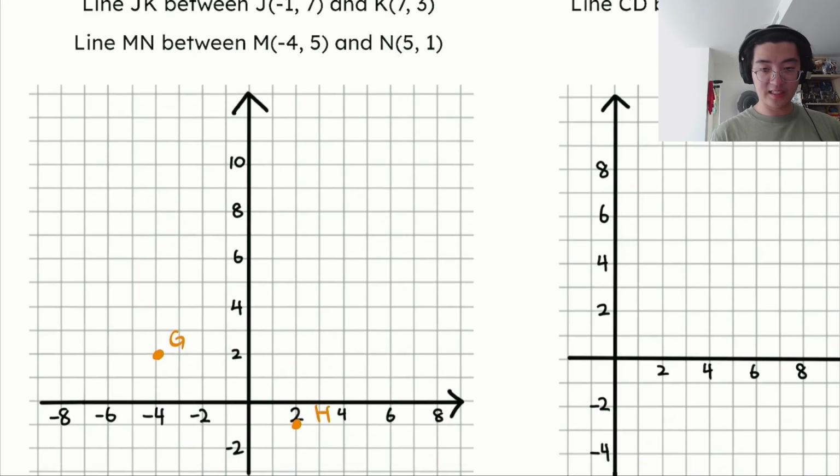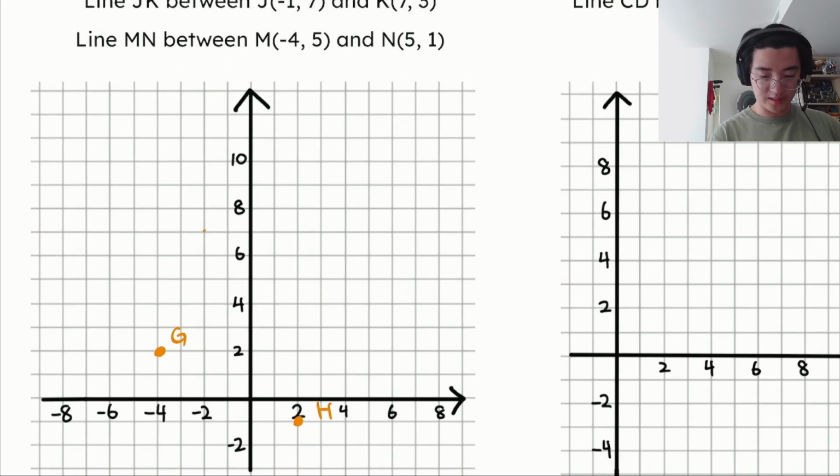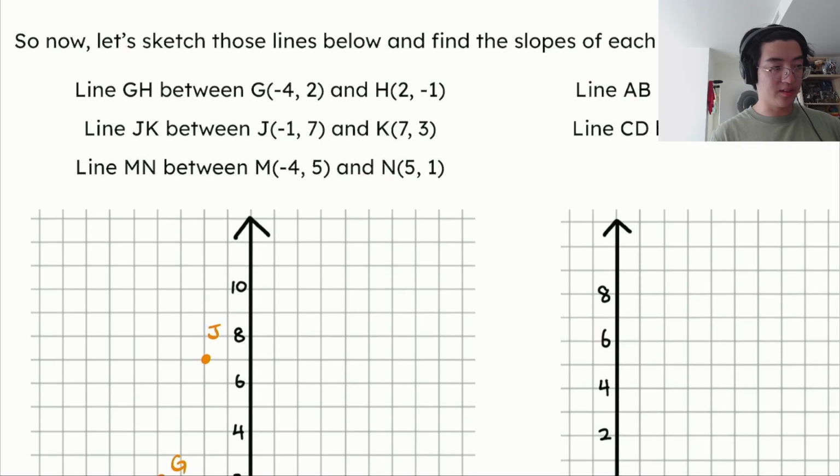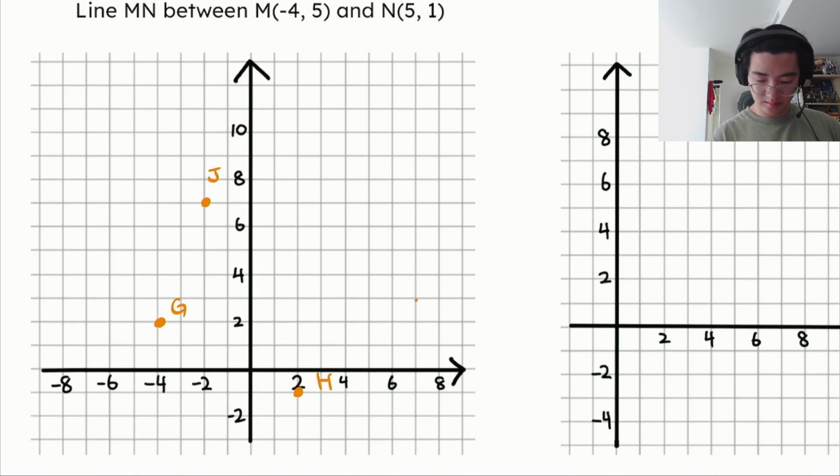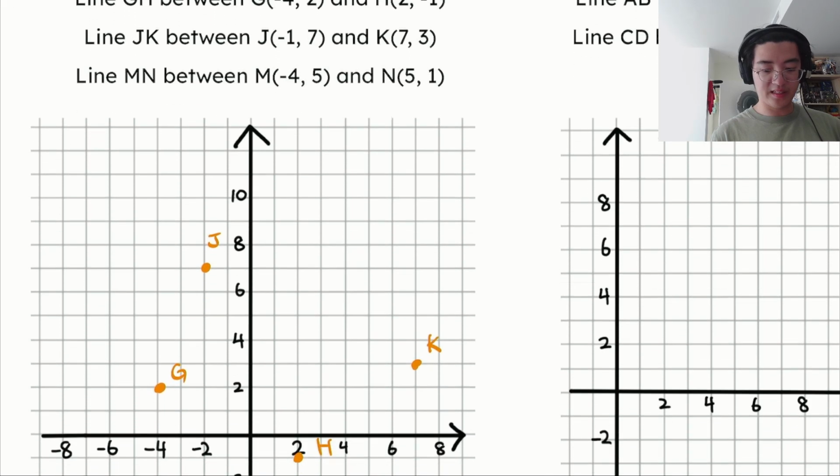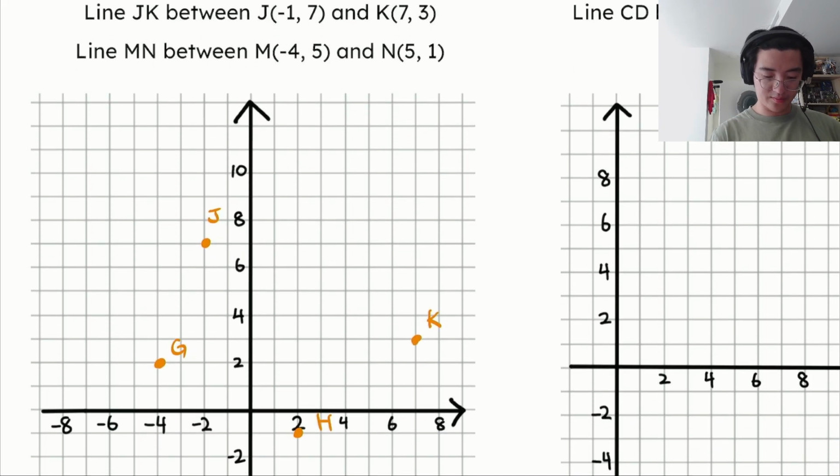Next, line JK: J is at (-1, 7), and K is at (7, 3). And lastly, MN: M is at (-4, 5), and N is at (5, 1).